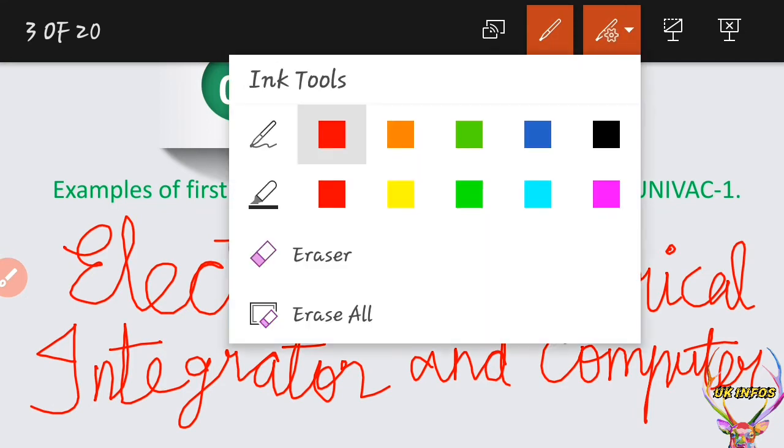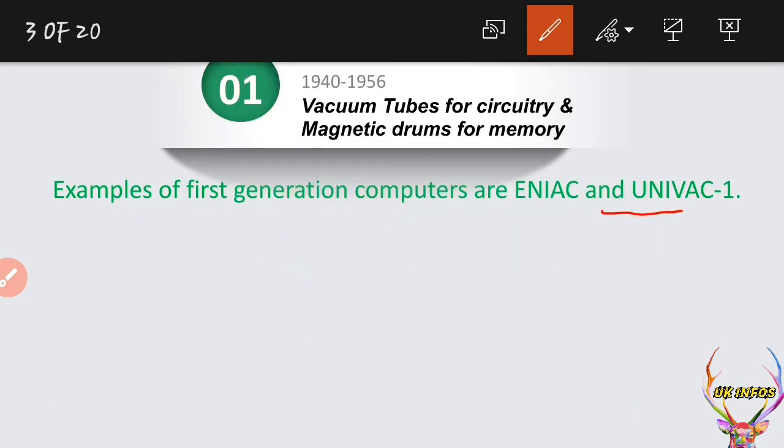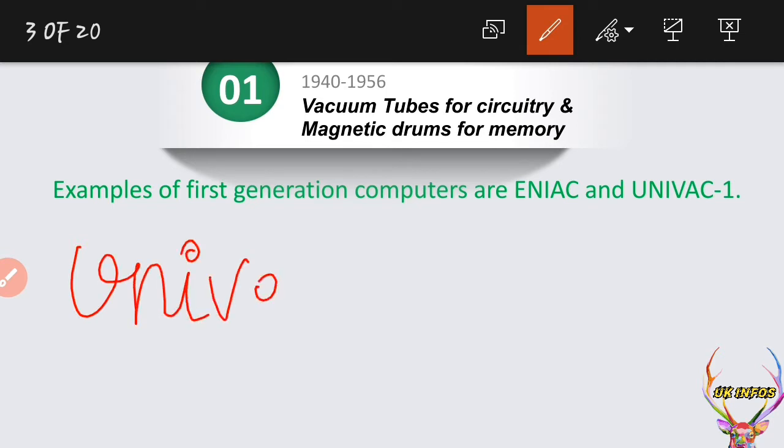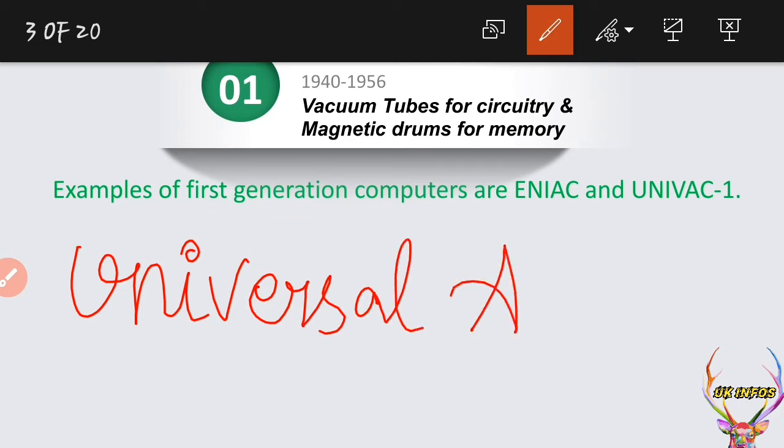Next one, UNIVAC. The first four letters, UNIV, stand for Universal. A stands for Automatic.